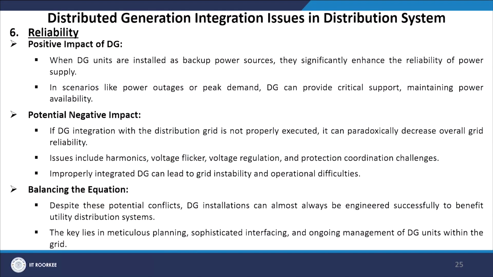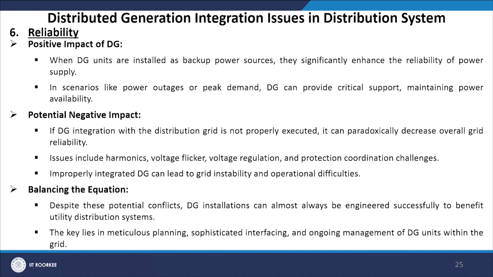That's what we believe, that the reliability of the system increases in the presence of distributed generations. In scenarios like power outage or peak demand, DG can provide critical support, maintaining power availability.